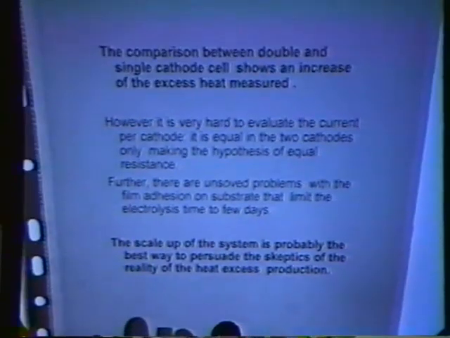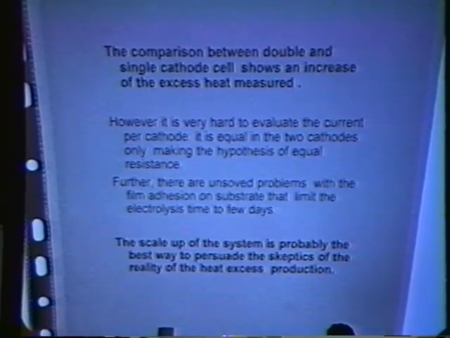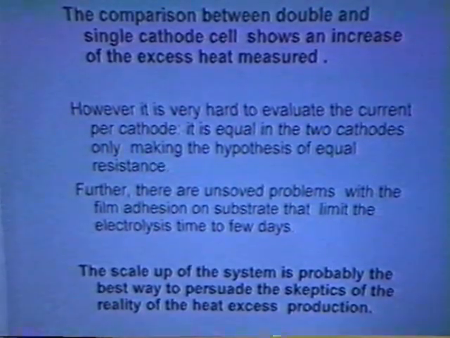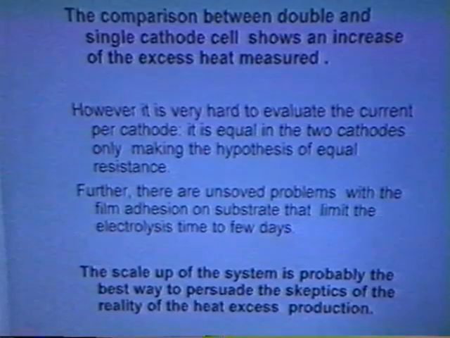There are a lot of problems in this kind of experiment. The comparison between double and single cathodes shows an increase of excess heat measure. However, it's very difficult to correlate the excess heat to the current because I don't know exactly what is the splitting between branches.